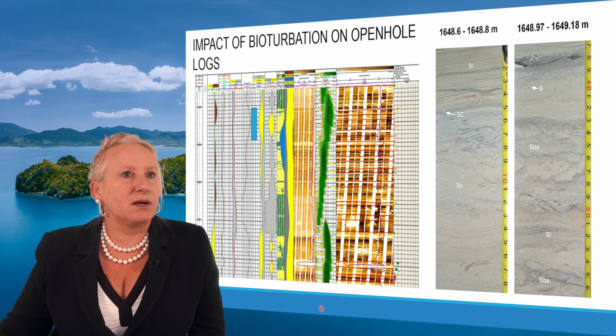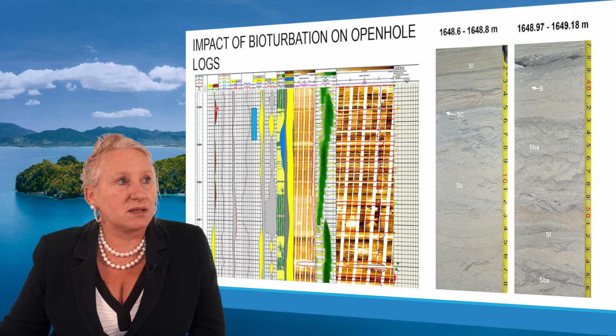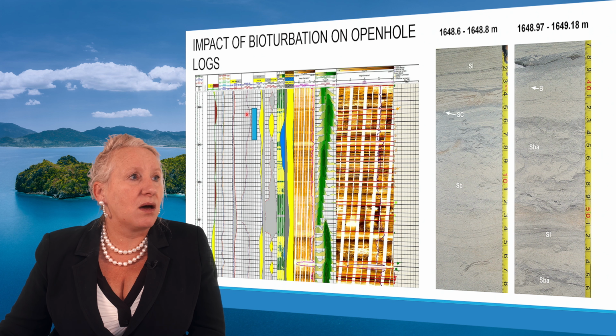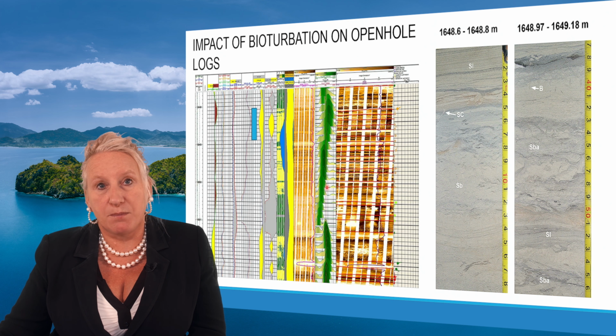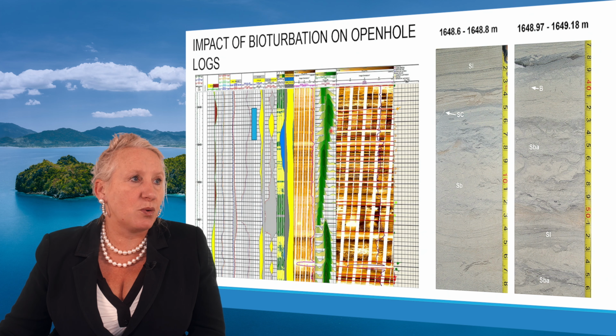So when we have a little look at one of those high gamma ray sections that we may have discounted in terms of open hole log analysis, here is this chord section, which we're looking at here. When we look at the NMR, we clearly see that we have increasing pore throat size, pore size as we go up. We see the T2 cutoff, we see large pores.